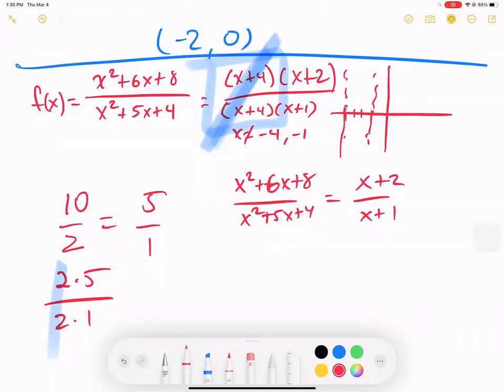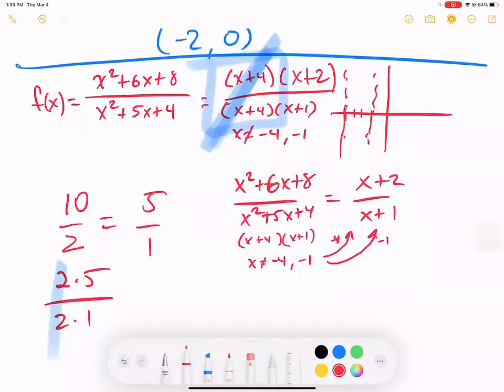And here is where we get lost, because we said originally that x can't be negative 4, right? And x can't be negative 1. Yes, on this graph here, x cannot be negative 1, but it also cannot be negative 4. It can't be either of these numbers. If you're trying to tell me these are equivalent graphs, you also have to skip negative 4, even though it canceled out.